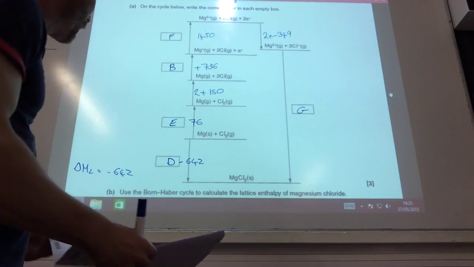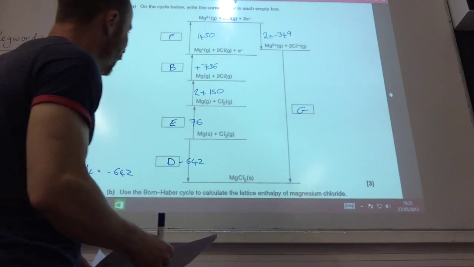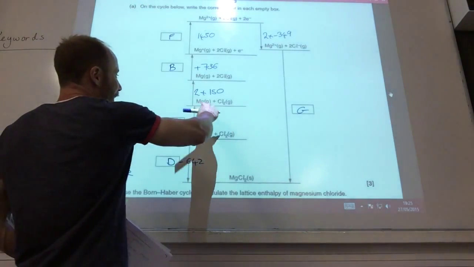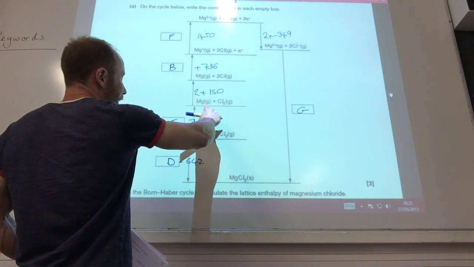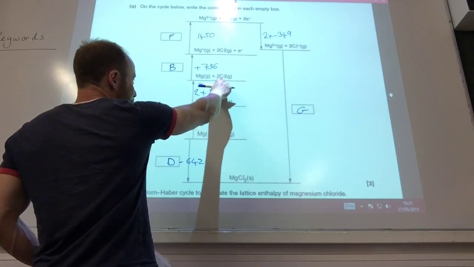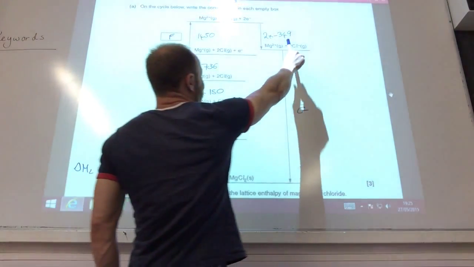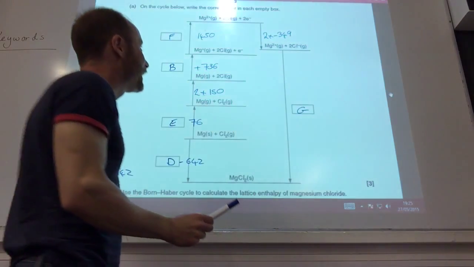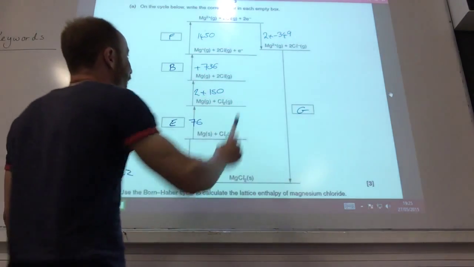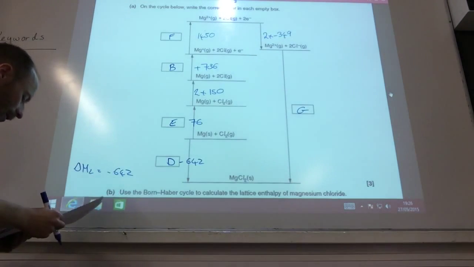Right, so what I've done is I've actually put the numbers on so that we can see quite clearly what's going on. Key thing to remember is you need to times the atomization of chlorine by 2, because I'm forming 2 chlorine atoms there. The other one you need to times by 2 is the first electron affinity of chlorine, because again you've got 2 chlorine atoms up there.